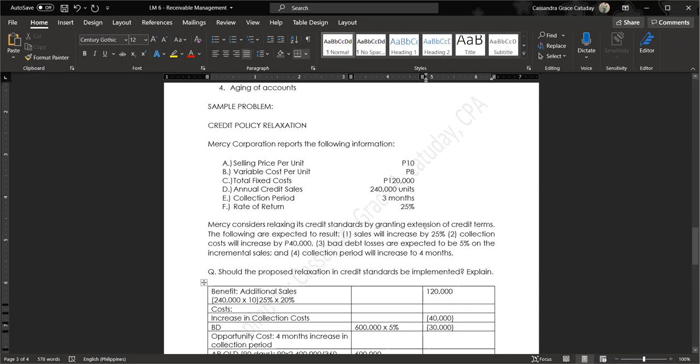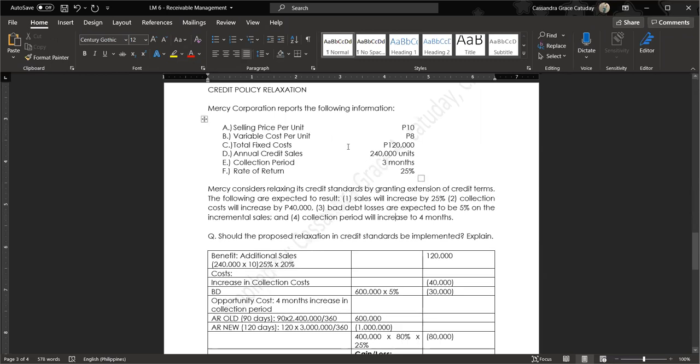Okay. So first, we are going to determine the expected results. We have here an increase in sales of 25%. Because it is an increase in sales, it is for our advantage, so it is our gain. To do that, let's take a look at the total annual credit sales, which is 240,000 units.